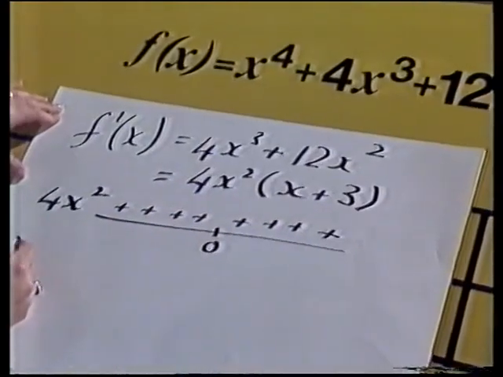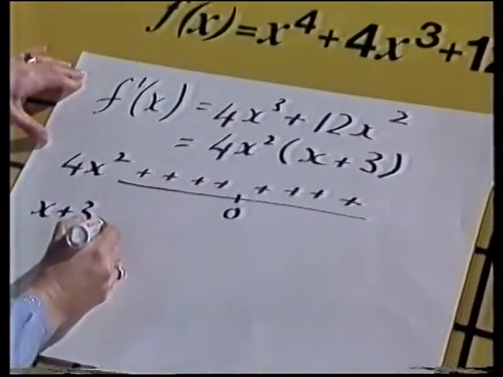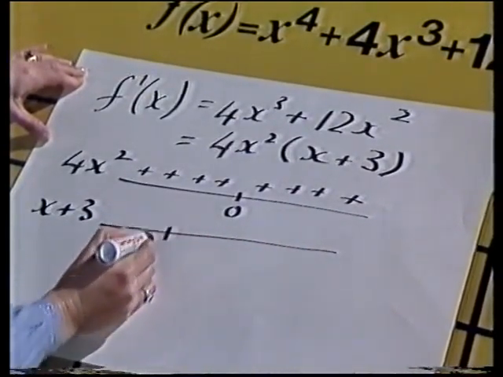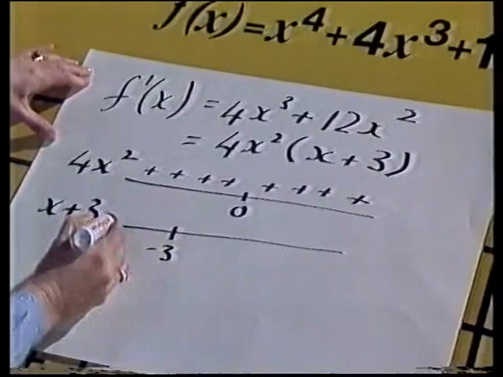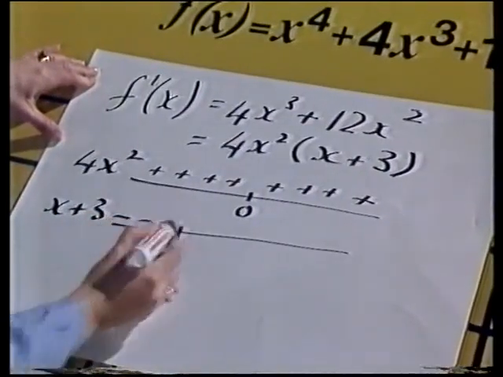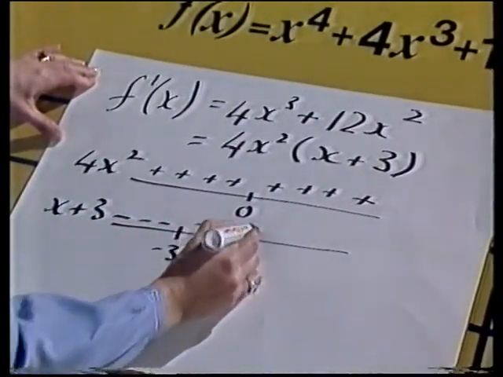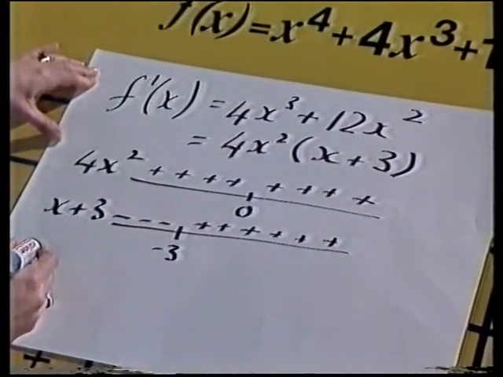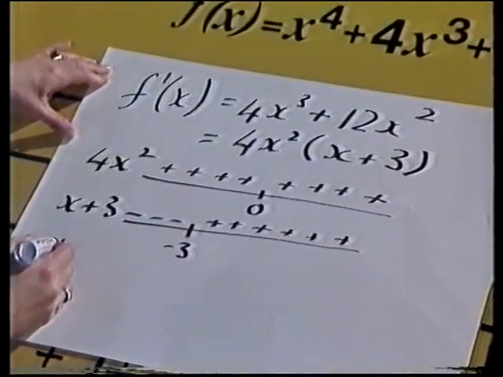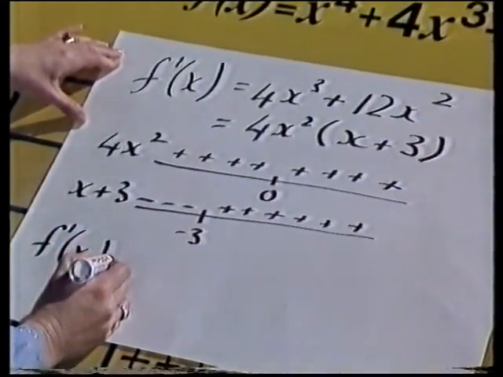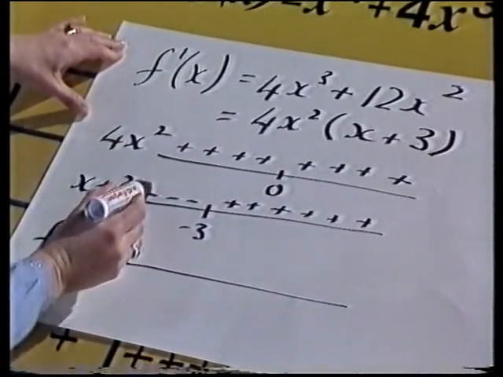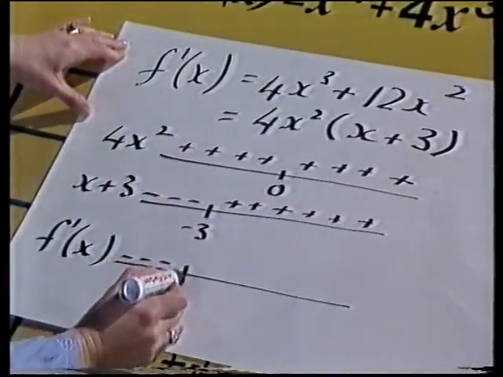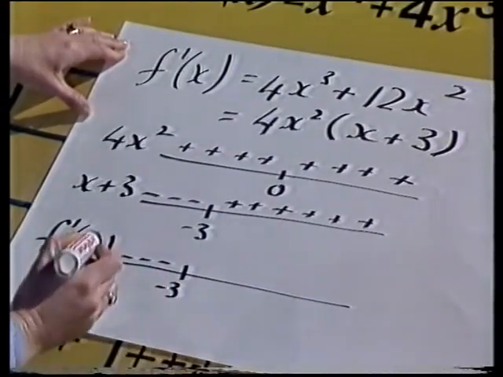Now, for x plus 3, x plus 3 is negative to the left of minus 3 and positive to the right. And if we combine these two diagrams for the derivative, we have that a minus times a plus is negative, so it's negative to the left of minus 3.